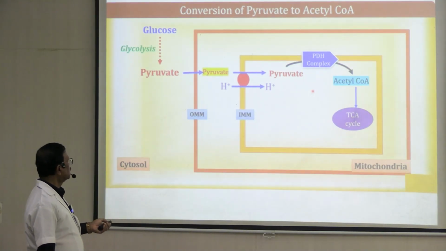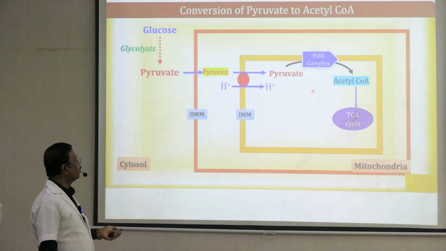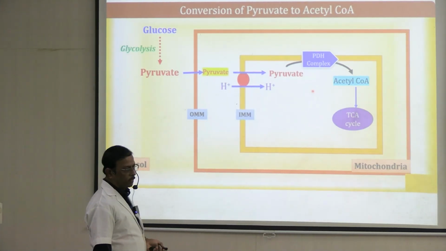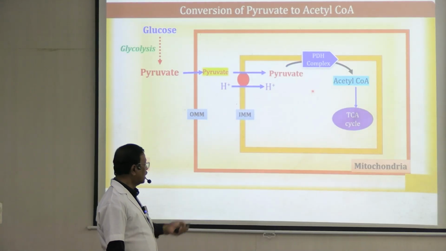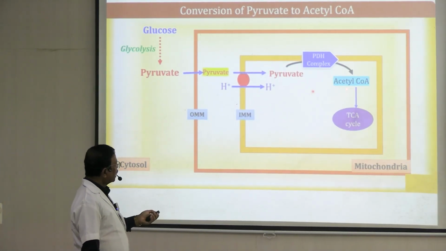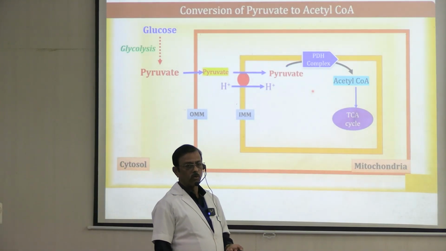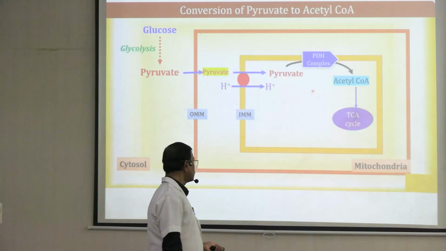Through that transporter, it enters the mitochondrial matrix, and with the help of the Pyruvate Dehydrogenase complex, it is converted to acetyl-CoA, and acetyl-CoA takes part in the TCA cycle in the mitochondrial matrix.